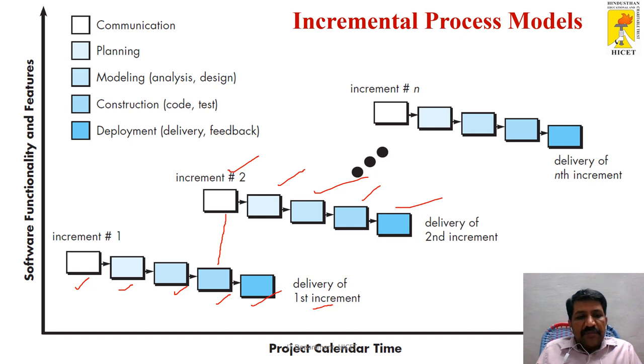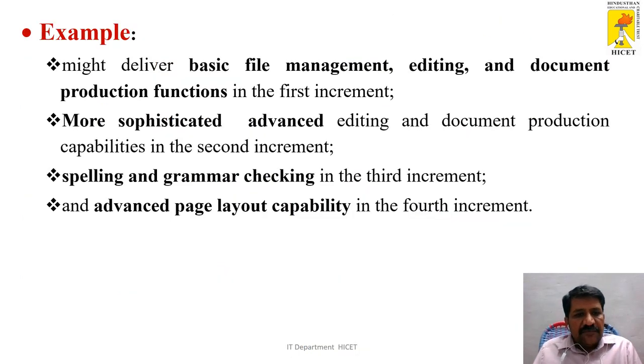How to choose increment number 1? The first increment will be the core element. So let us see an example. For example, we'll take office software. The first increment will be the basic file management, basic editing features and basic document production functions.